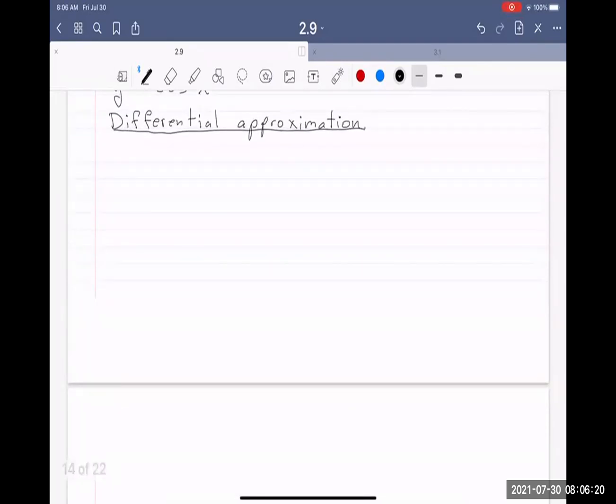We have that delta y should be approximately equal to dy.